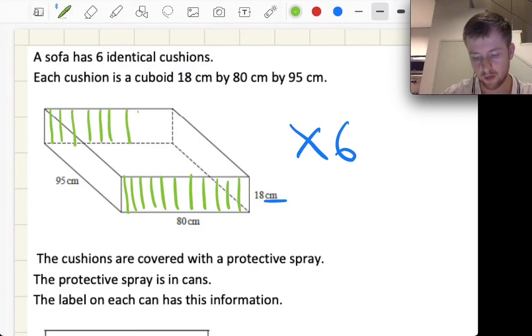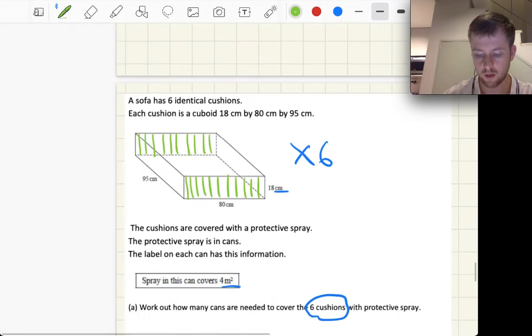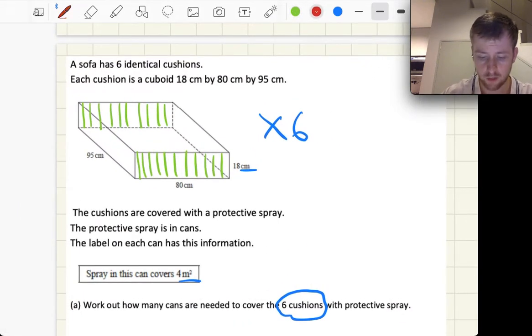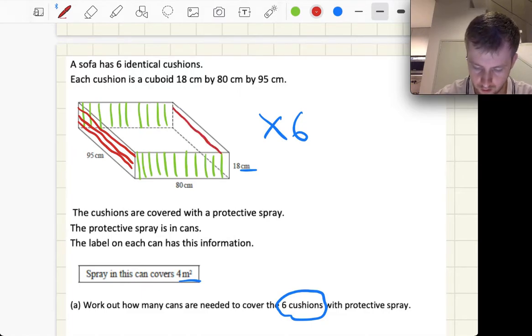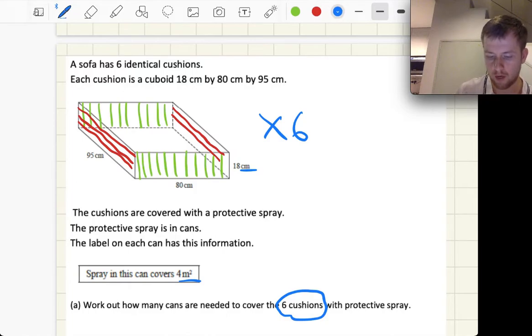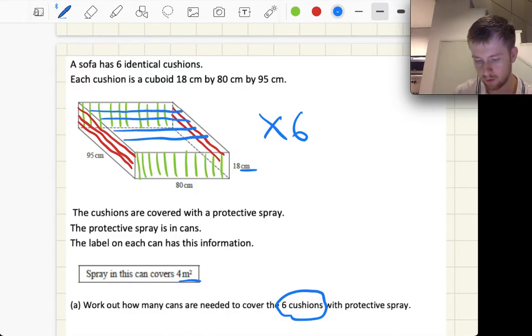There's 2 of these rectangles, then there's another pair, which is here. Why are they pairs? Because they have the same area. And then finally, the third pair will be the top and bottom, again the same area.